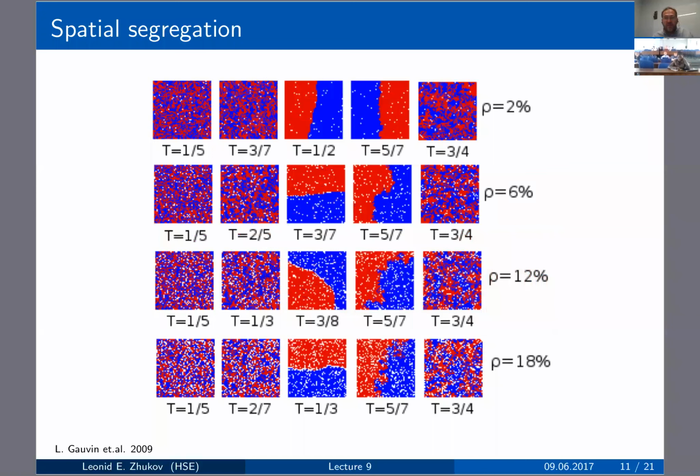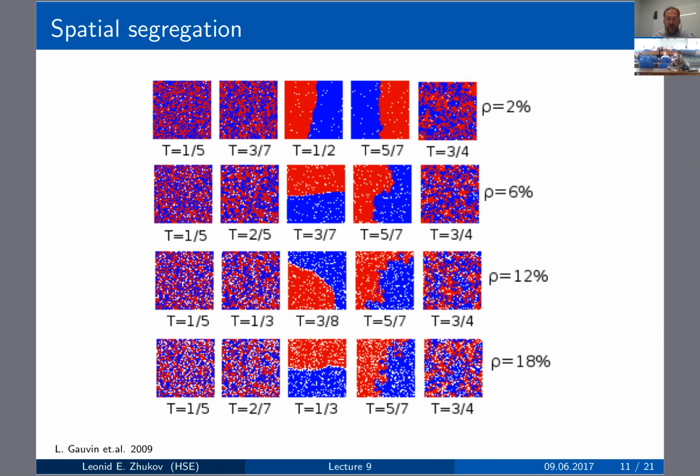There are actually more surprises in this story, and these are simulations with different levels of vacancy: 2, 6, 12, 18%. This is the percentage of empty spots, the white dots in this picture, so you see there are more of them at the bottom than on the top. What you also see is the tolerance level.